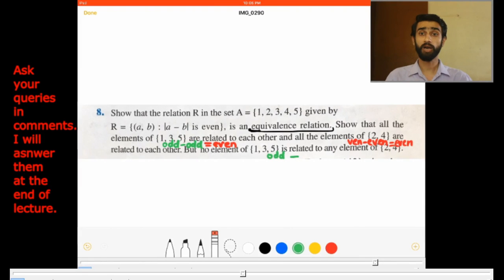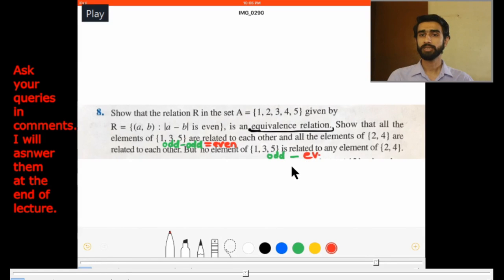Now the next part says, but no element of 1, 3, 5 is related to any element of 2, 4. Why? Just think. 1, 3, 5 all are odd numbers and 2, 4 all are even numbers. What it means? It means I have to differentiate odd number and even number from each other.